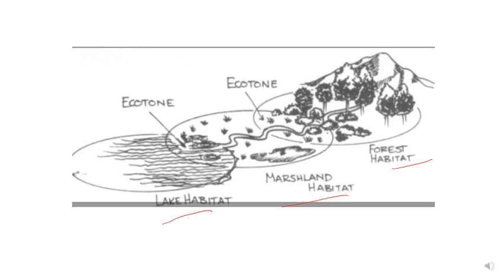All habitats, or all ecosystems, have some differences in some component relating to their communities, structure, or composition. But where two ecosystems overlap, and it is overlapping here and also here, with the lake habitat and the marshland habitat, where two habitats overlap, it creates the ecotone.